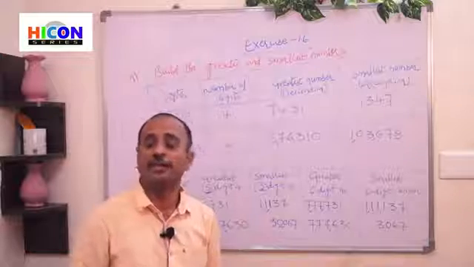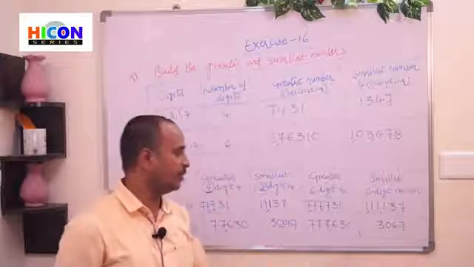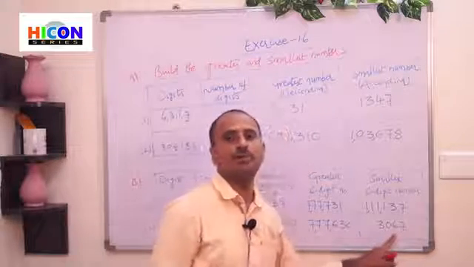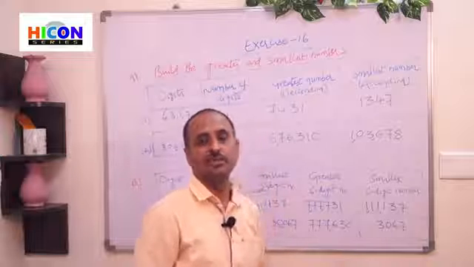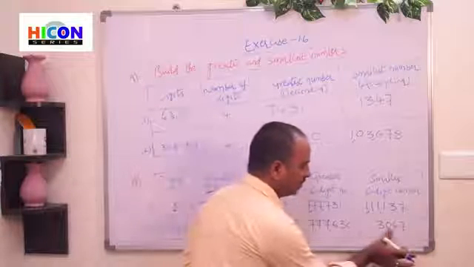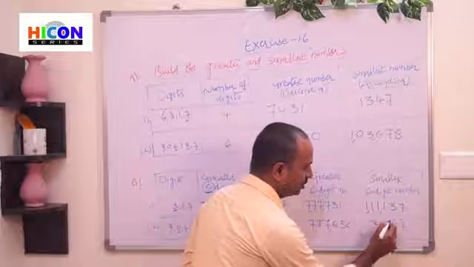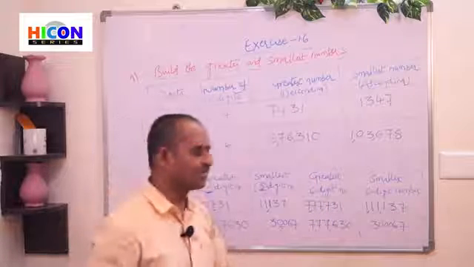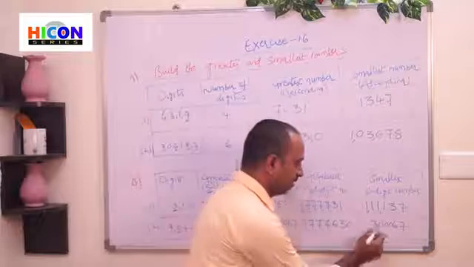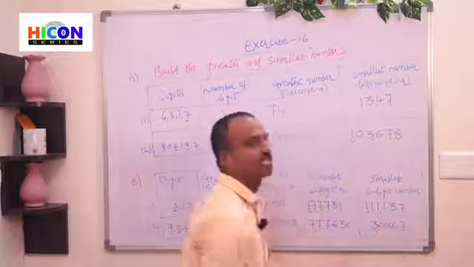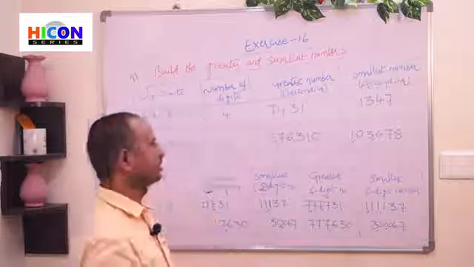So repeat the smallest digit 2 times. Among these 4 digits, which one is the smallest? 0 is the smallest. So repeat the 0 two times. Now it becomes a 6-digit number and the number is 300,067. So this is the smallest 6-digit number.